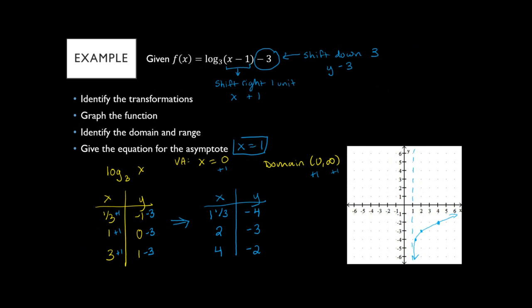So our new domain is now 1 to infinity, because adding 1 to infinity is still infinity. And then our range is still all real numbers because we've got infinity in either direction. So subtracting 3 from either of those values is really not going to change anything.